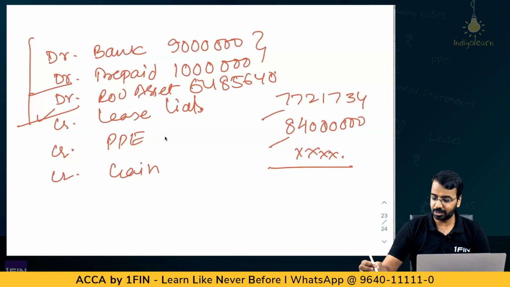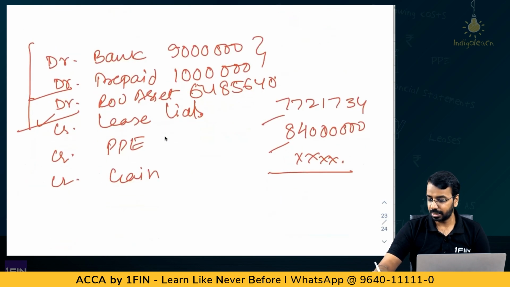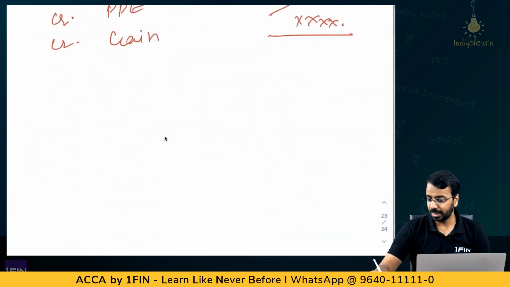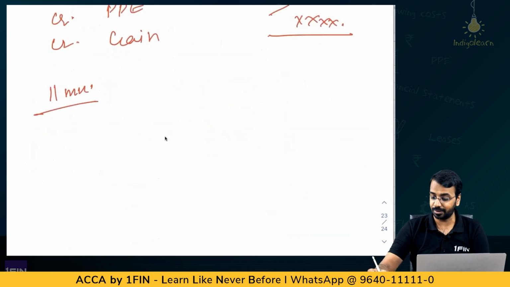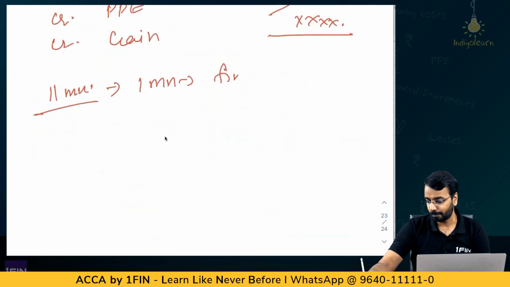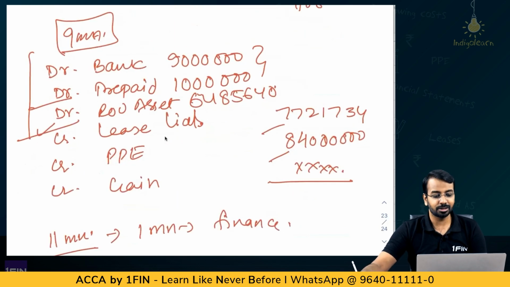Now second scenario which is given is, this is 9 million. Second scenario is 11 million. Now when you sell something for a higher amount, the extra amount that is received, 1 million, is towards finance. So here when you pass the entry in bank, it is not 9 million, it is 11 million.